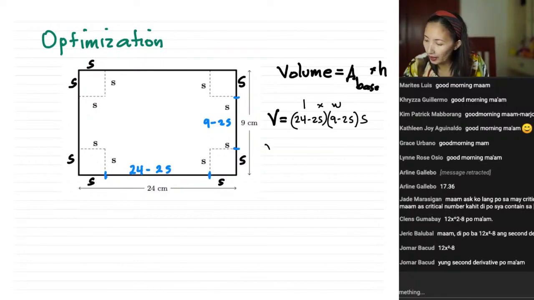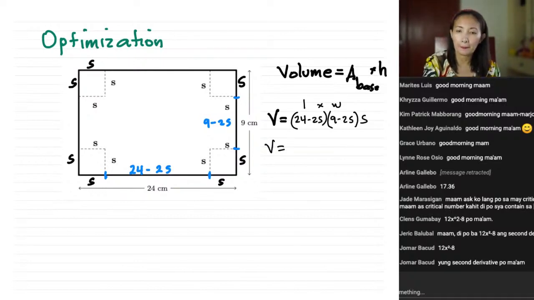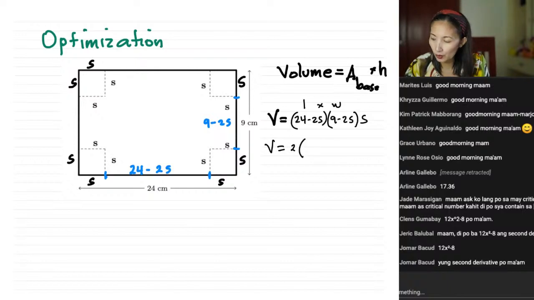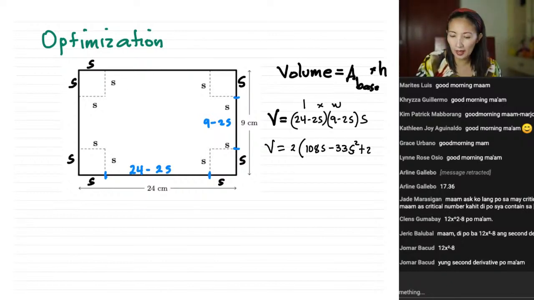Okay, so V equals, multiply. What will this be? When simplified, this will give us 108s minus 33s squared plus 2s cubed, because you'll have s times s times s will be s to the third power.